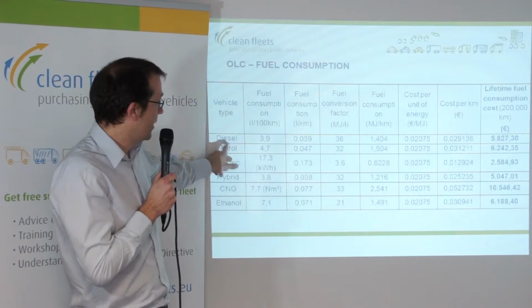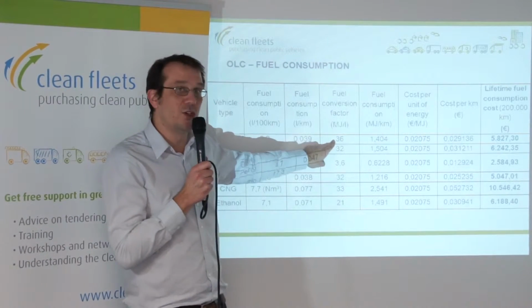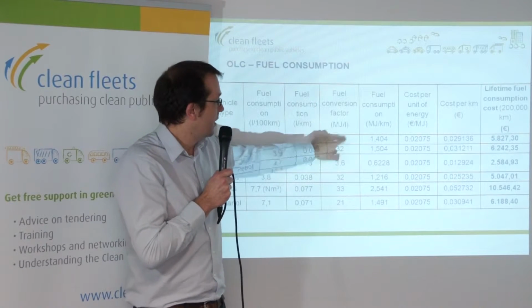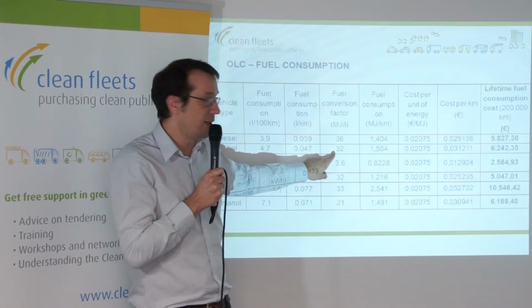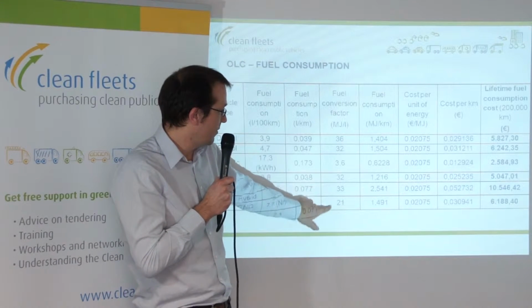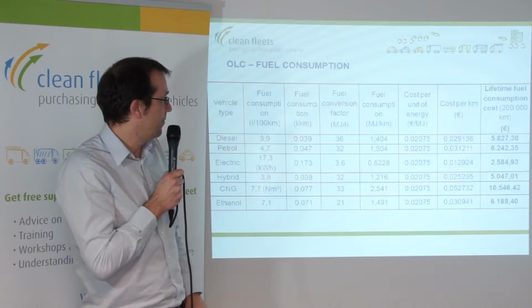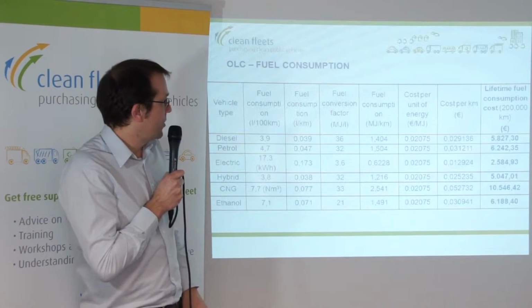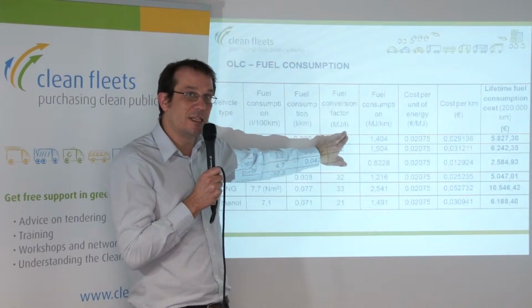So for example, diesel fuel is considered to contain 36 megajoules of energy per litre. Petrol, however, contains 32 megajoules of energy per litre. And as you can see, the figures are rather different, particularly for electric vehicles there. Okay, so now we have litres per kilometre and we have megajoules per litre.